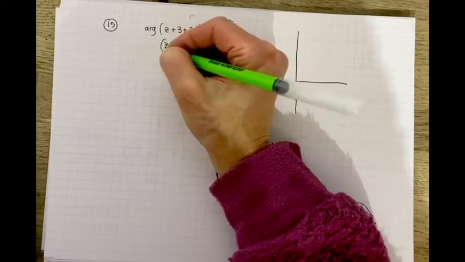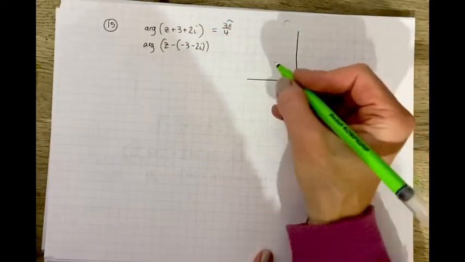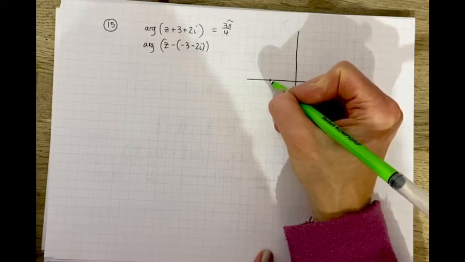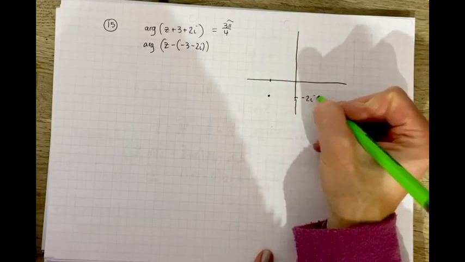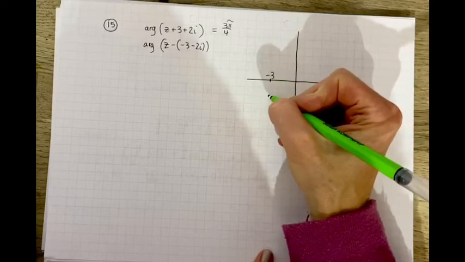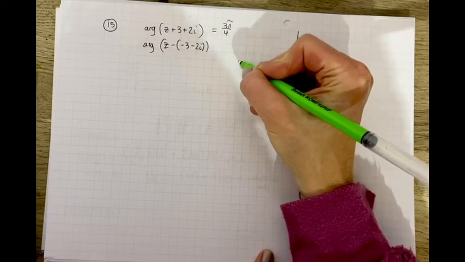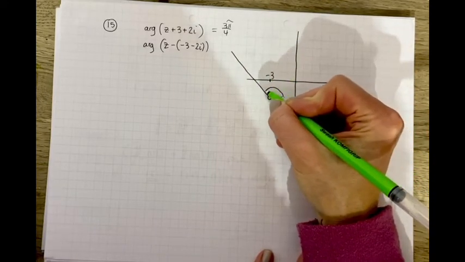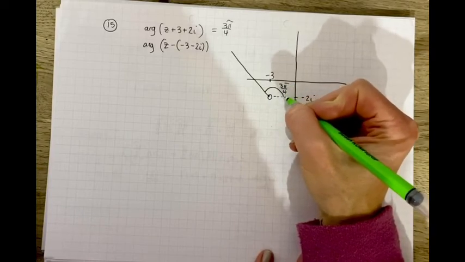So our z1, the point where the half line will begin, is going to be minus 3 minus 2i. So we're talking about a half line going at this angle here, which needs to be 3 pi over 4.